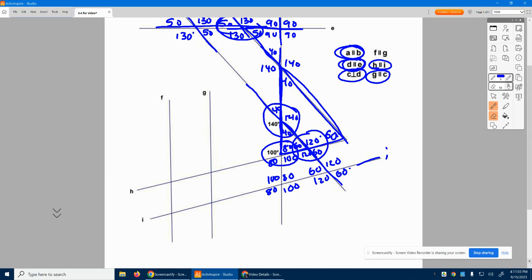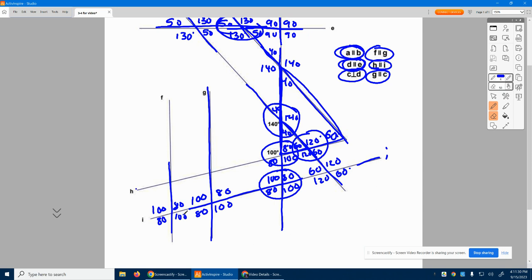So this line and this line are parallel, meaning here's a transversal. I can pick these up and slide them right here, right? And G and F are parallel, so they can slide down here also.